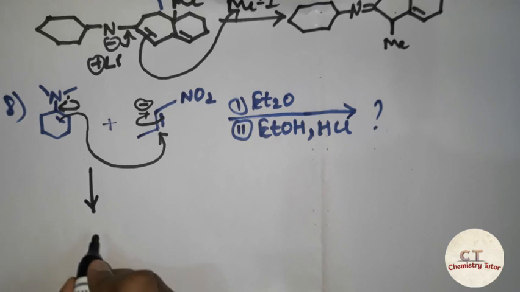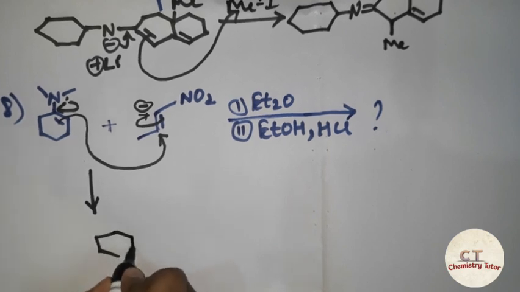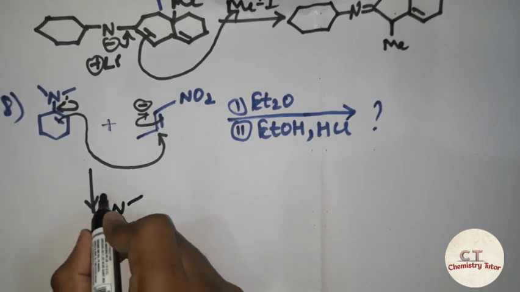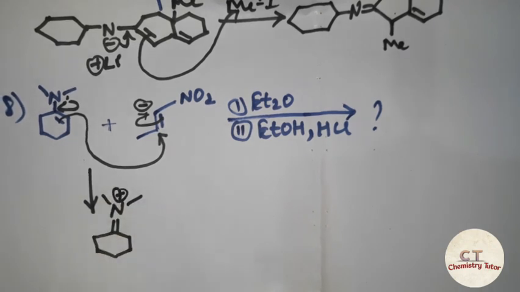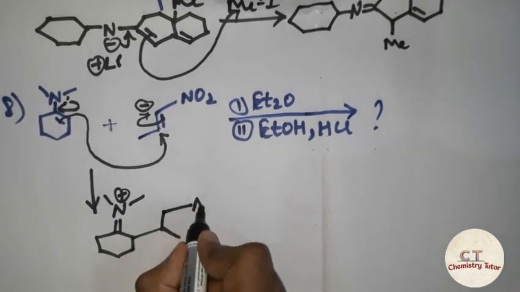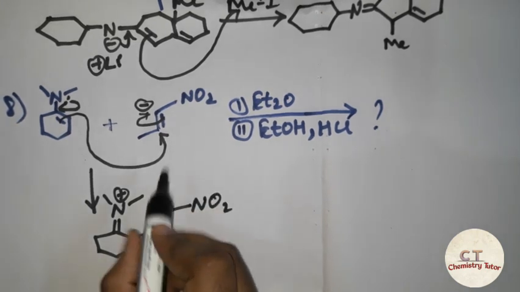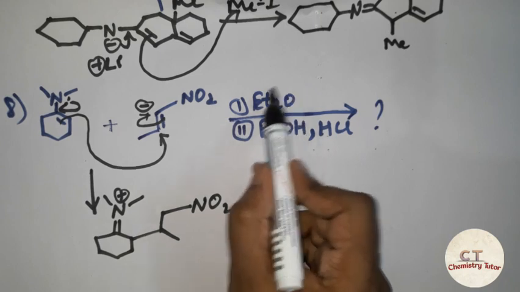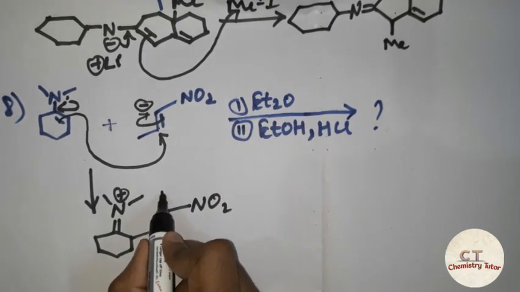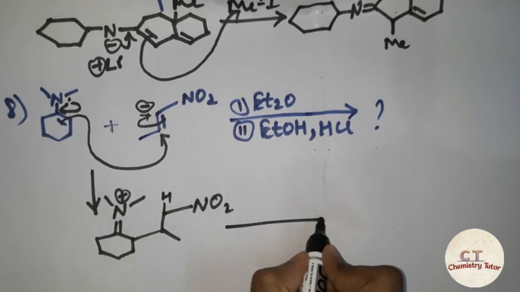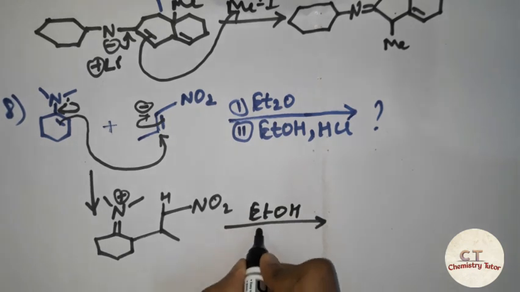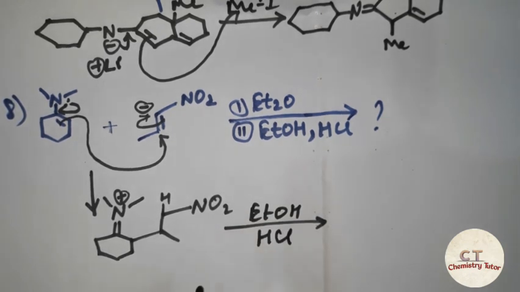So the product from here will be a double bond to nitrogen, where a positive charge will be there, and the negative charge over here is again going to abstract a proton from the solution, right? So a hydrogen will be extracted. Okay, and then in the next step there is ethanol in presence of HCl, meaning acidic hydrolysis will occur.